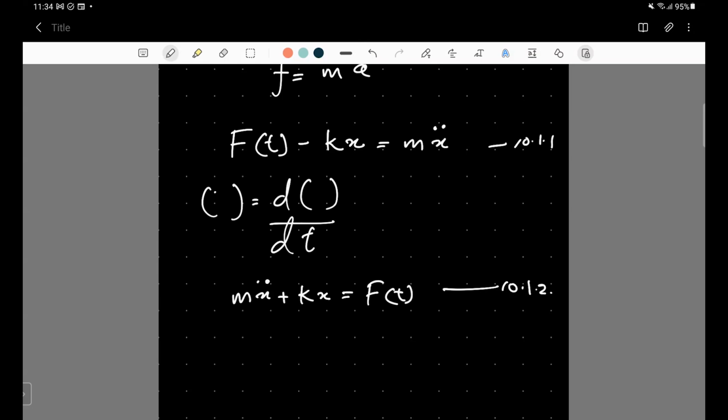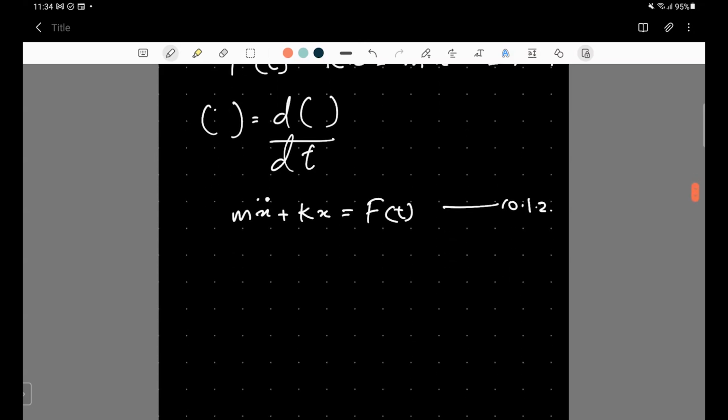A number of useful concepts regarding vibrations can be obtained by making the right-hand side of this equation 0. That is, in other words, by considering a free vibration of the mass.